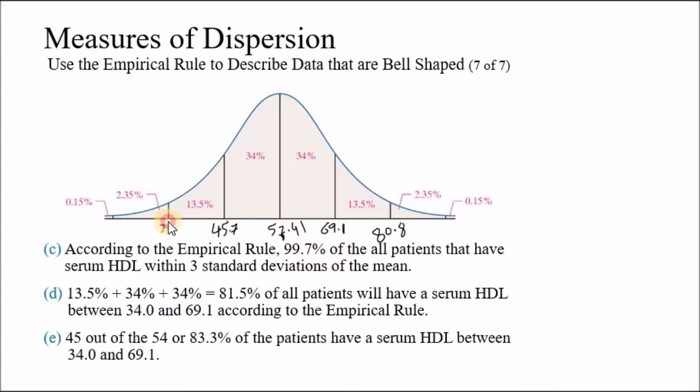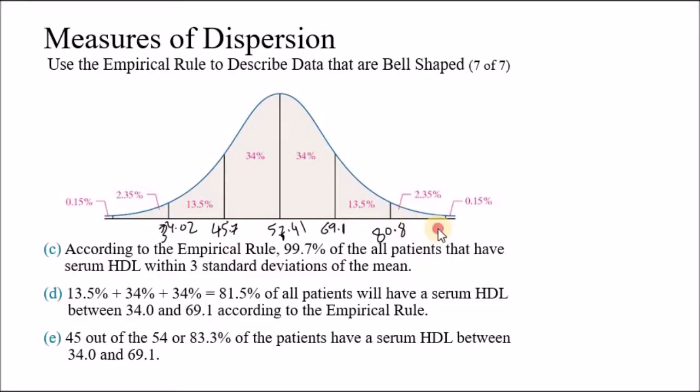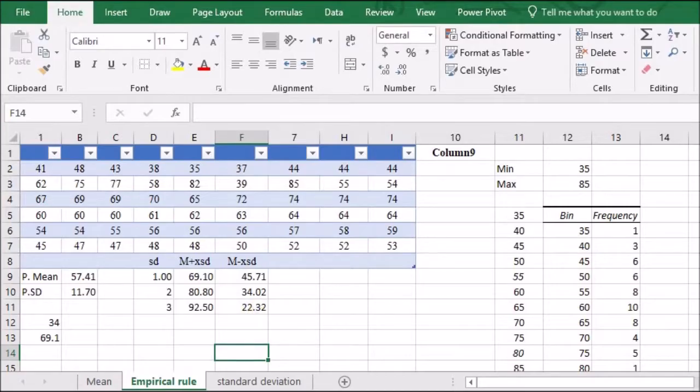So this is 34.02. And the last one is within 3 standard deviations. Plus 3 standard deviations is going to be 92.5. So this last one will be 92.5. And this last one will be 22.32.